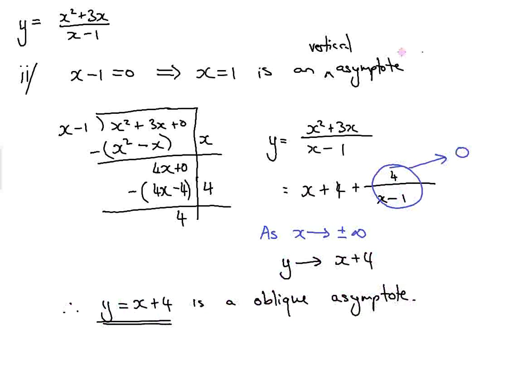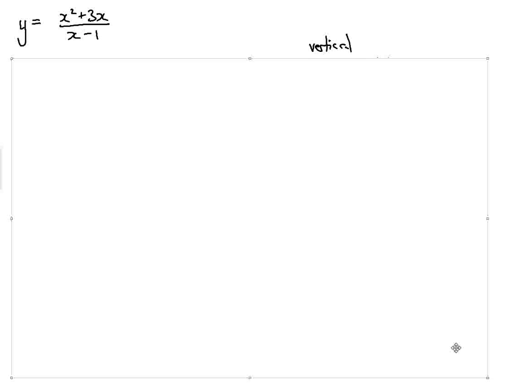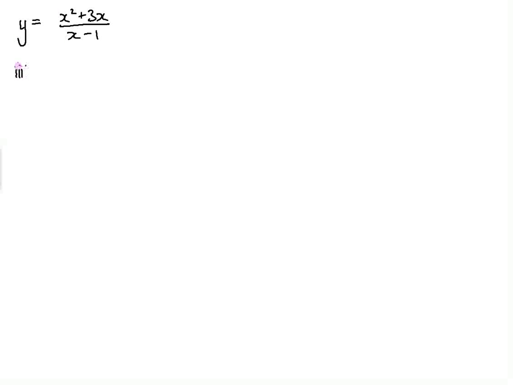The third part is slightly new, and this is where it's going to get slightly tricky. So we'll just tidy this up again. Part 3. We're asked to show that this expression cannot lie between y equals 1 and y equals 9.